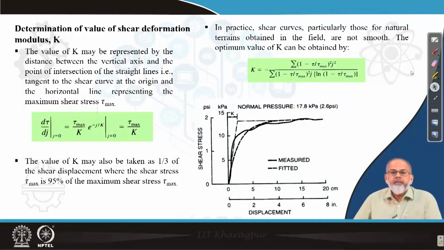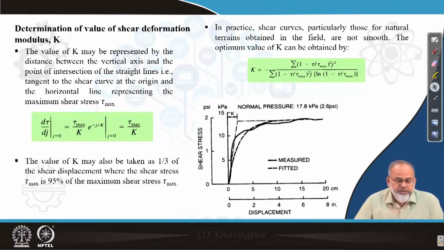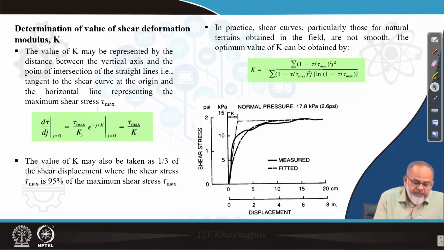The value of k may be represented by the distance between the vertical axis, as I told, and the intersection point, and the slope of the shear curve at the origin can be found out by taking d tau by dj. If you differentiate, we find tau max by k into e to the power minus j upon k. Now at j equal to 0, this simply comes down to tau max by k.